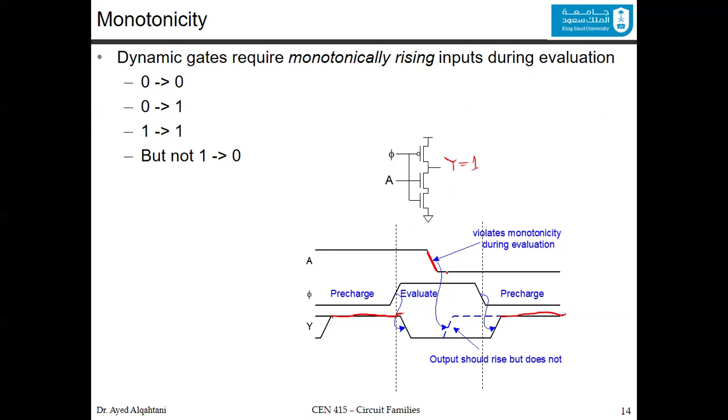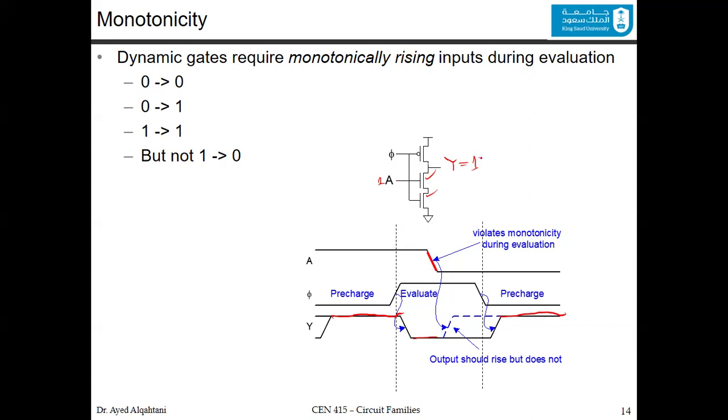Now in the evaluate, when the input is 1, it was 1 and it stayed 1. That's okay, because now A is equal to 1, so this is on, and this is also on, which means this 1 will be discharged to the ground, and the value will be 0.